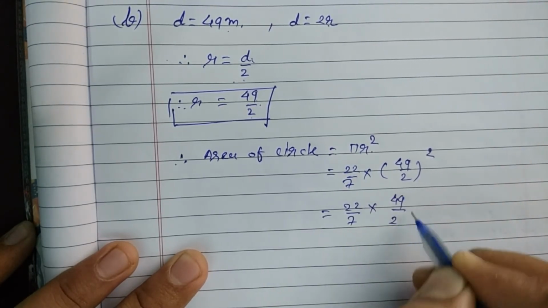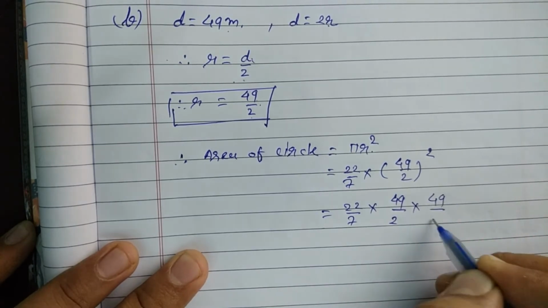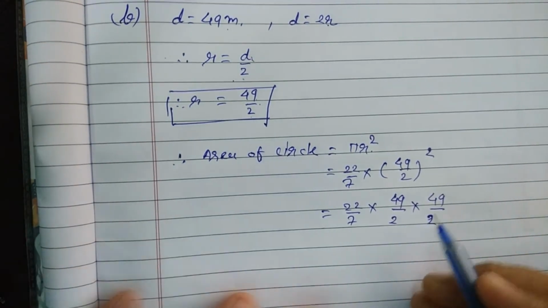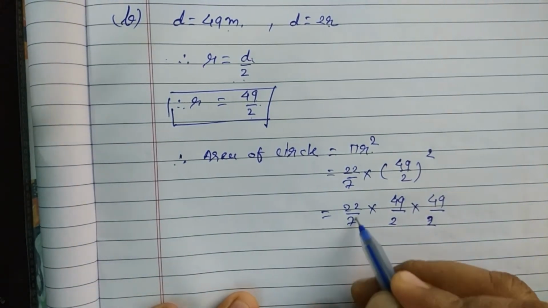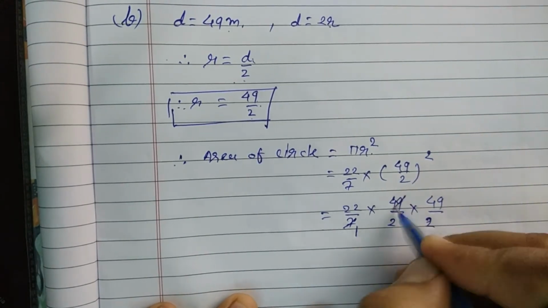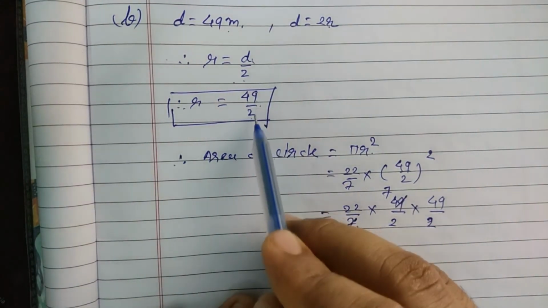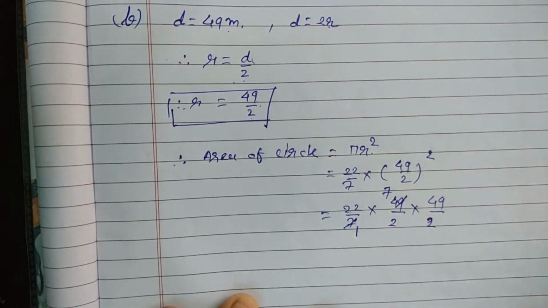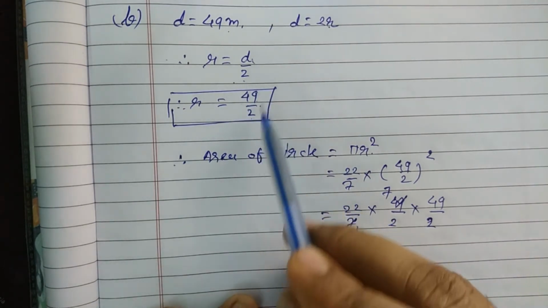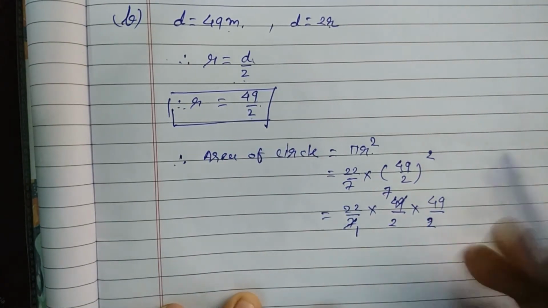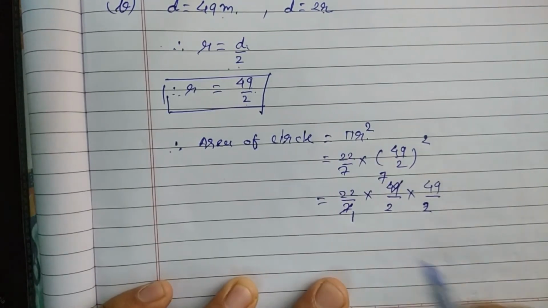That means 49 divided by 2, 49 divided by 2 times. So here now 7 ones are 7, 7 sevens are 49. That's why we have not converted 49 by 2 into a decimal number. We have taken this improper fraction as it is.